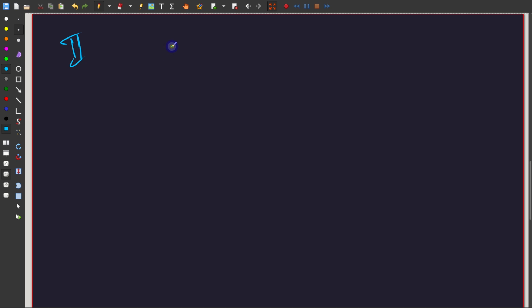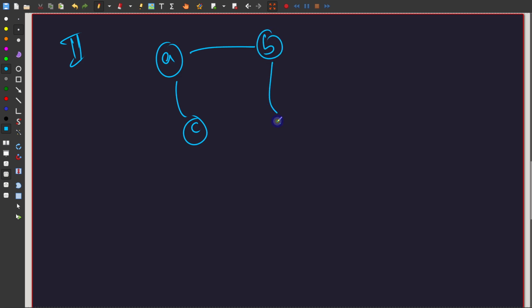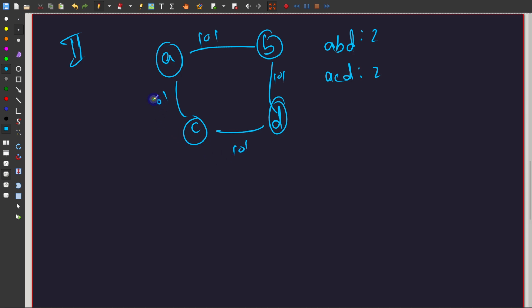Now the second case, then you might say okay, let's go aggressive. So let's take the exact same thing, and this time we'll give everything the same weight. So ABD, ACD, if we count the edge weight, it will be 2, 2. Now if I add 100 to everything, it won't really make a difference, because now it will be 102, 102.